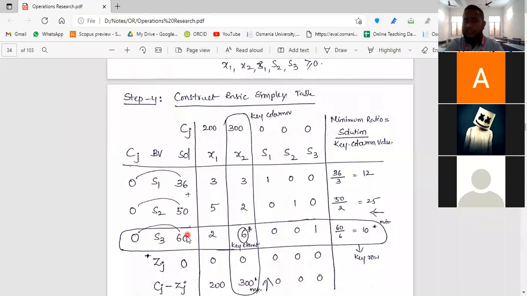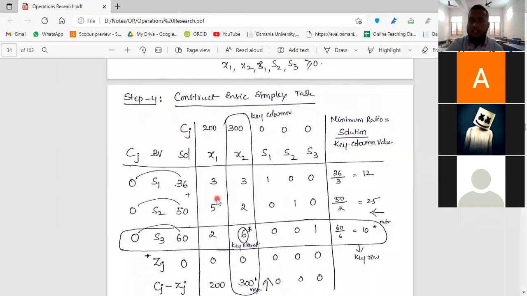The solution of S3 is 60. You found this in the second step, finding the initial basic feasible solution. So 36, 50, 60. Now this side, the contribution of S1 to the objective function is 0, 0, 0. These three zeros and these three zeros are the same. Vertical 3 zeros and horizontal 3 zeros are the same. Cj values are not the same.